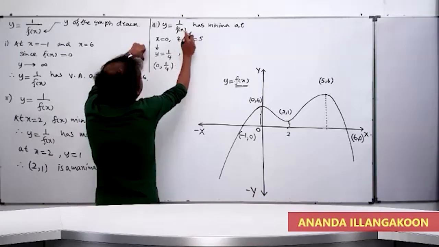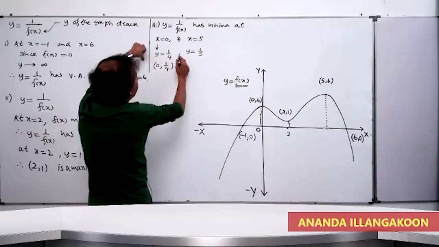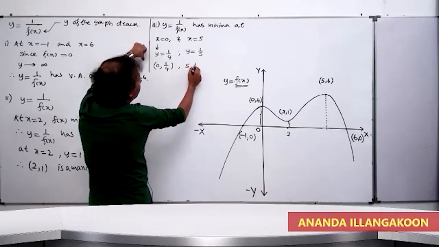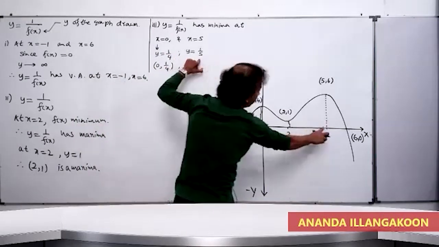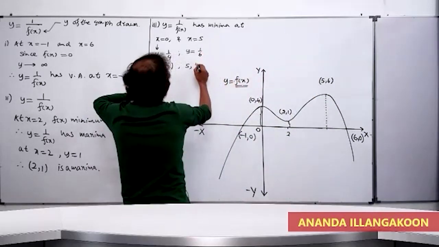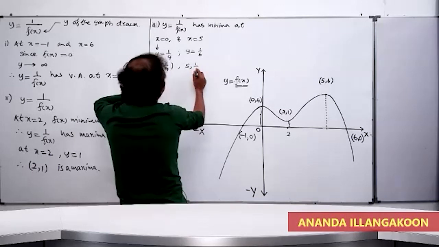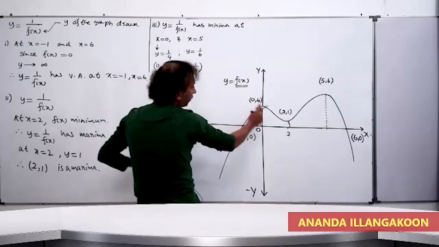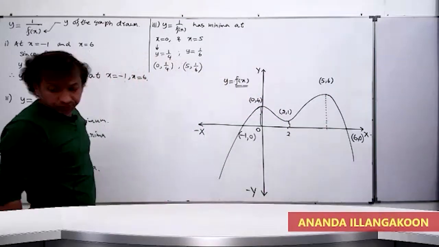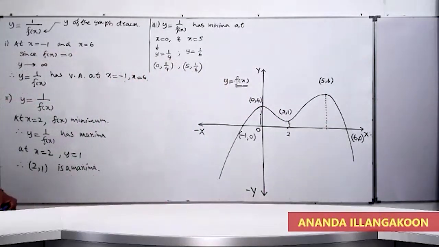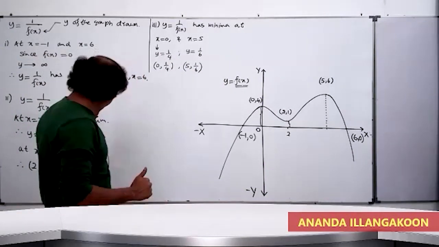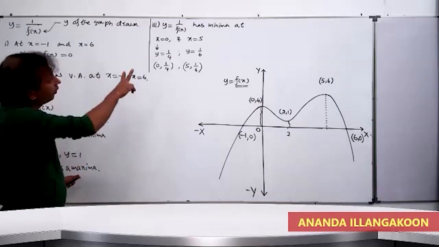At x equals 5, y is 6, no? When you put it here, 1 upon 6. Then y equals 1 upon f(x) graph has 1 maxima and 2 minima.